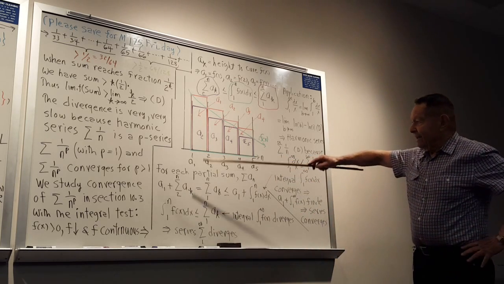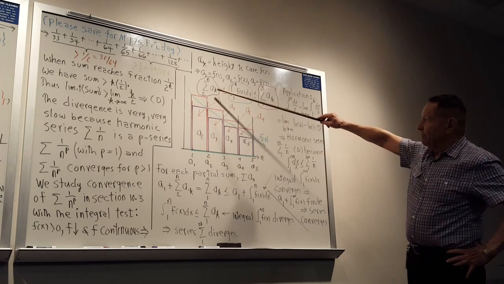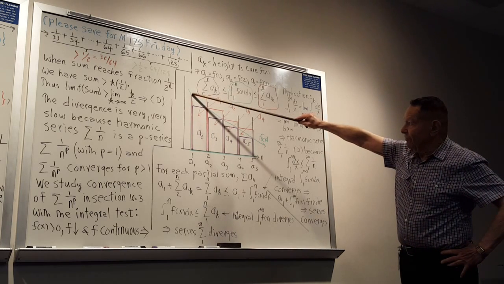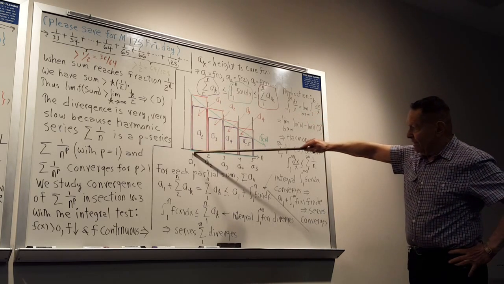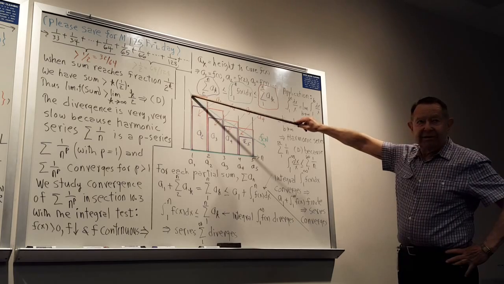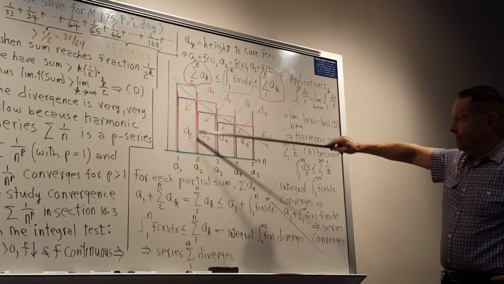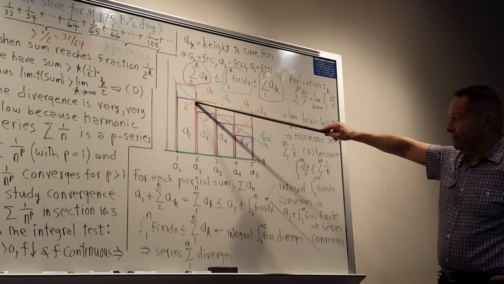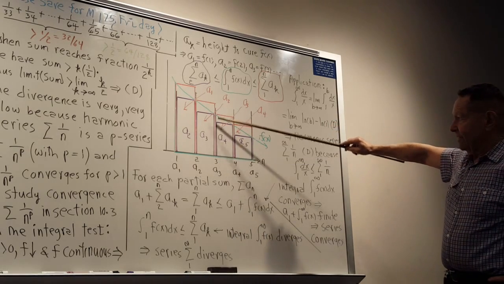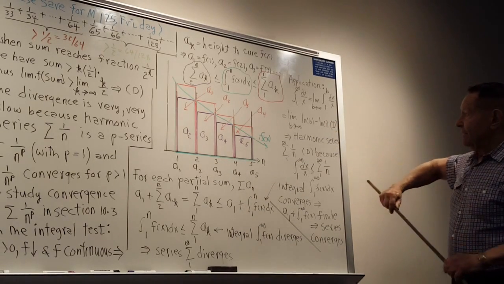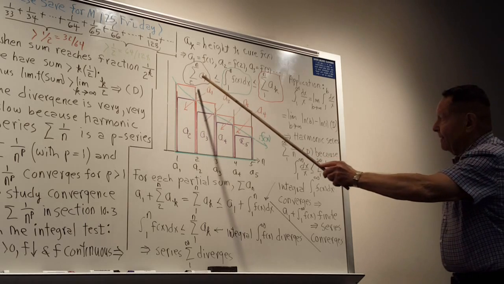And then the A1 and so on would be the height to the curve at 1. So that would also be the first term of the series. And then A2 would be the second term. And A3 would be the third term. And so on like that.